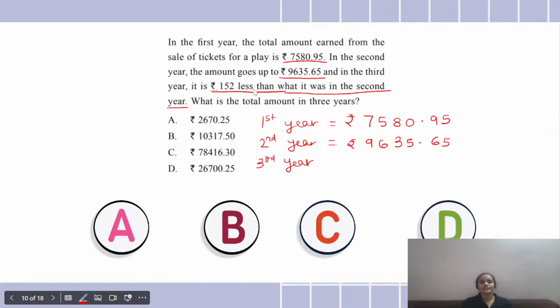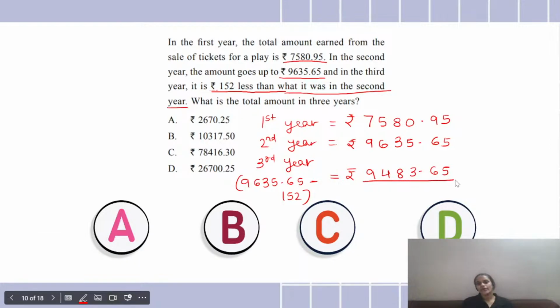That he earned 152 rupees less than what he earned in the second year. So here it will be 9,635.65 minus 152, which gives me rupees 9,483.65.